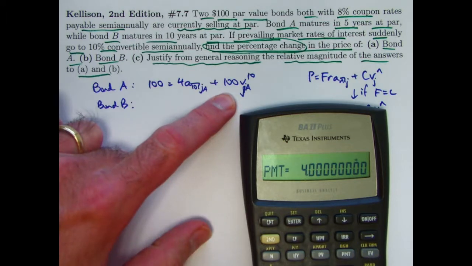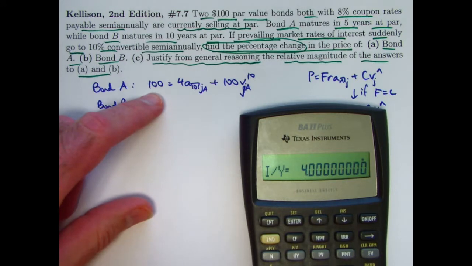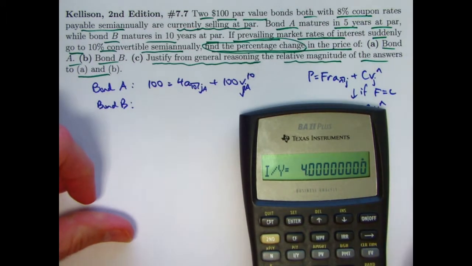The $100 redemption value goes into the future value. We can compute the interest per year, which is really an interest per half year here. Interest per period is 4%, just like I told you it would be. I told you that when the bond is selling at par and when F equals C, when it's redeemable at par as well, the interest rate will be the same as the coupon rate, 4% per half year.